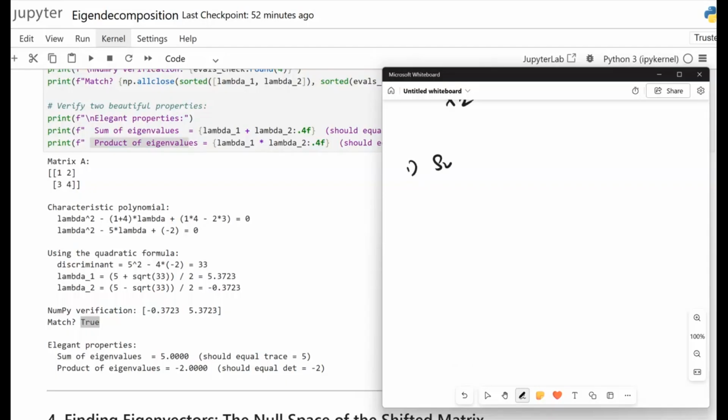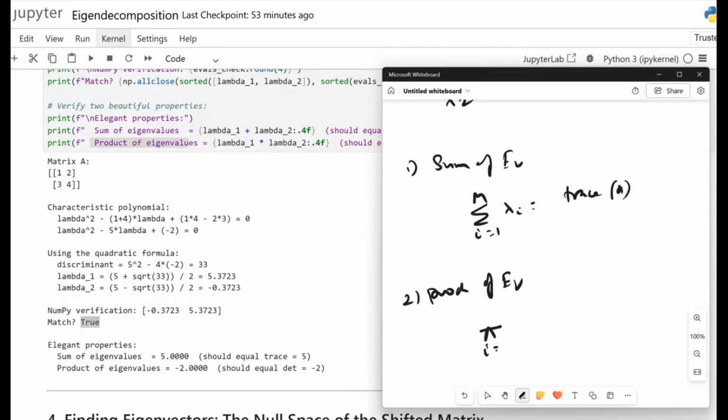One is the sum of eigenvalues equals the trace: summation of lambda sub i, for i equal to 1 to n, is equal to trace of A. And the second one is the product of eigenvalues: product from i equal to 1 to n of lambda sub i is equal to determinant of A. And here we get this value as 5, and here we get this value as minus 2.